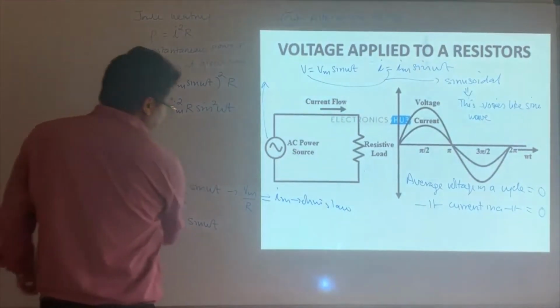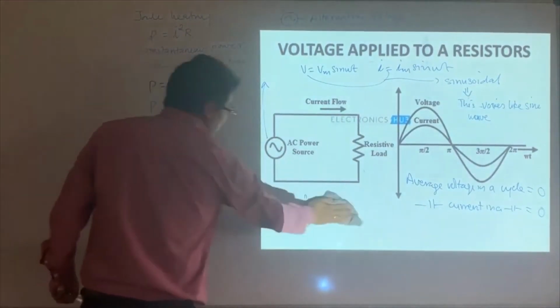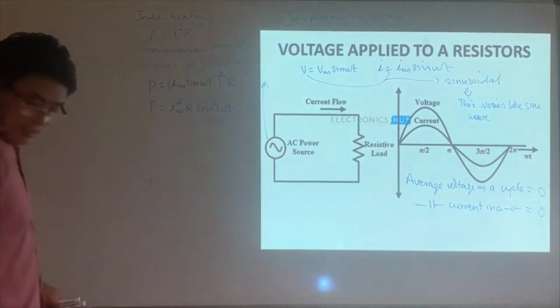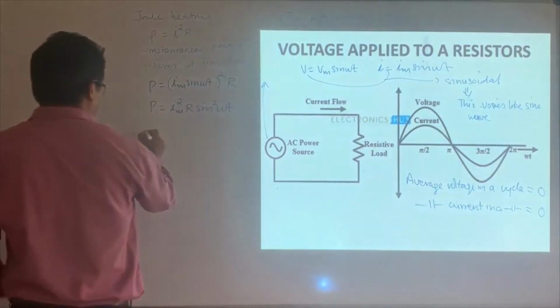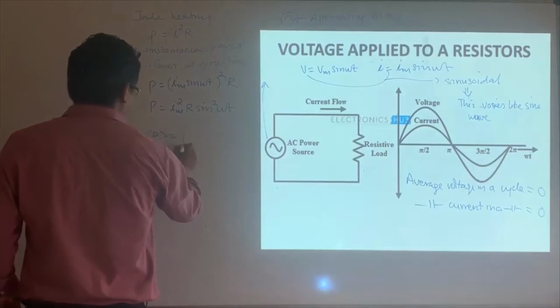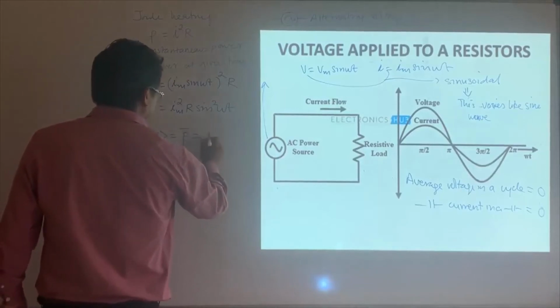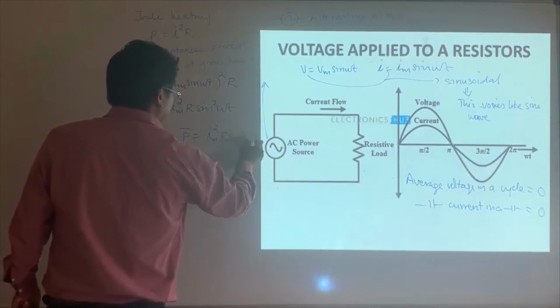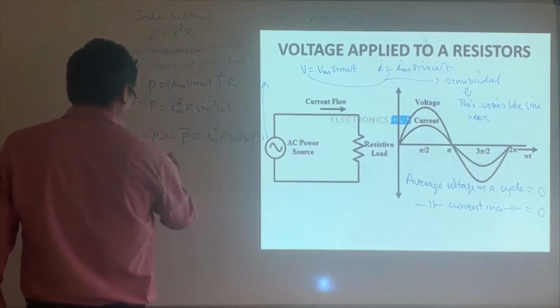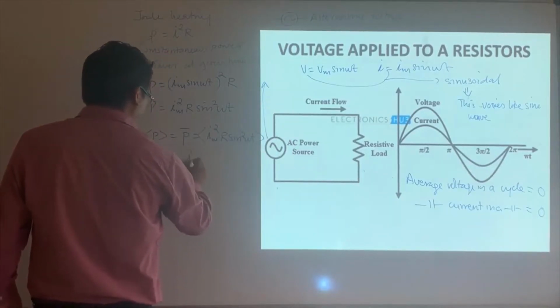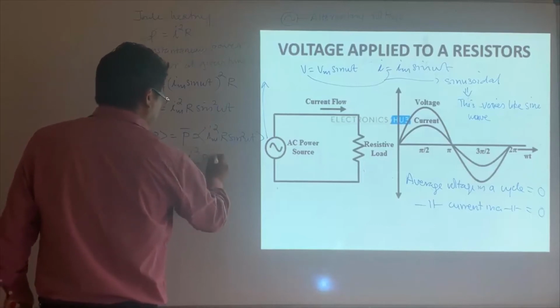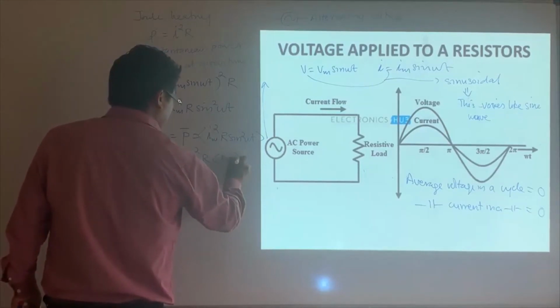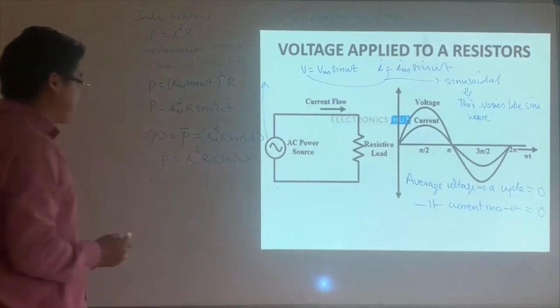Now what about average power in a cycle? So this is average power, which is equal to P bar.